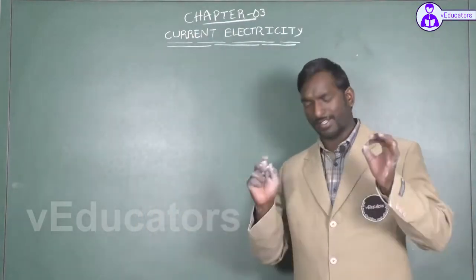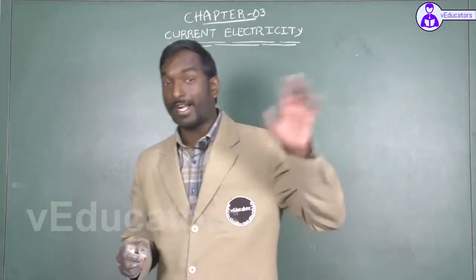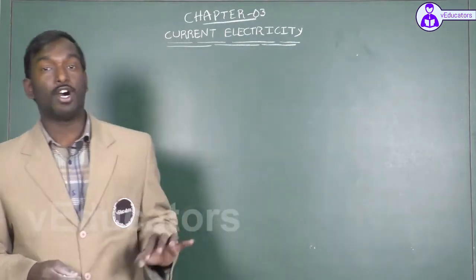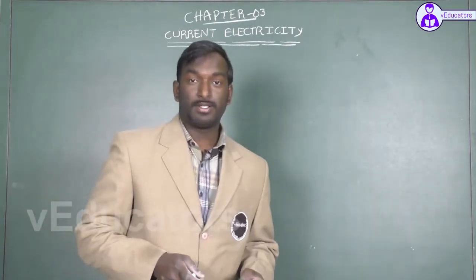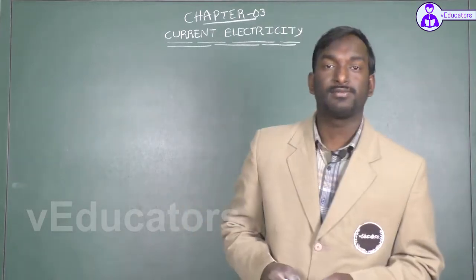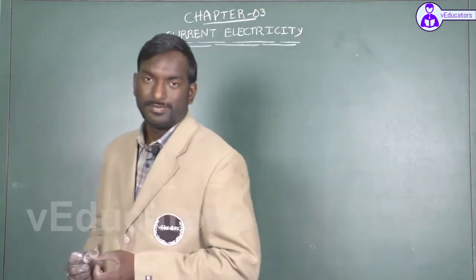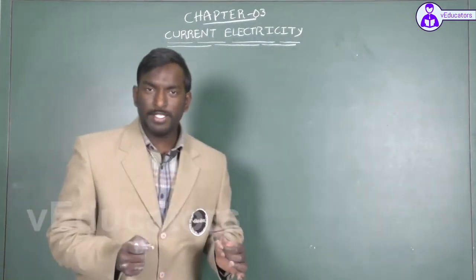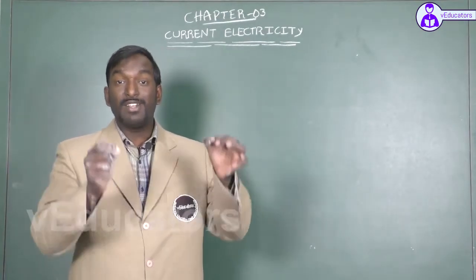We discussed the resistor, its factors, resistivity, and how it depends on the temperature and nature of the substance. Now, how do we find the resistance of a given resistor?